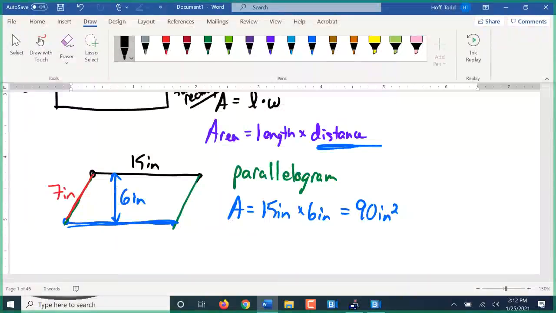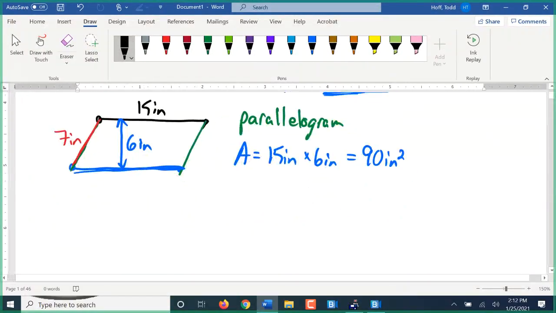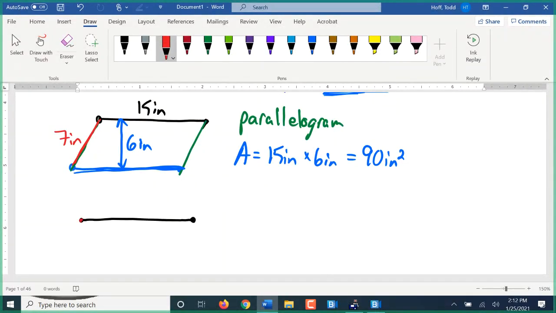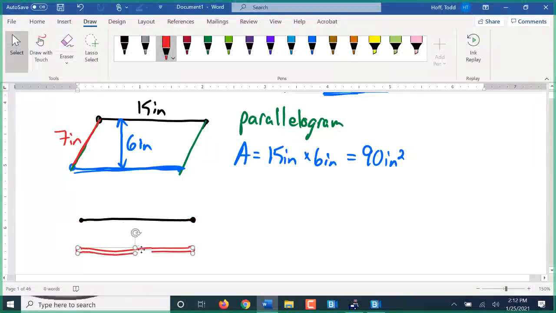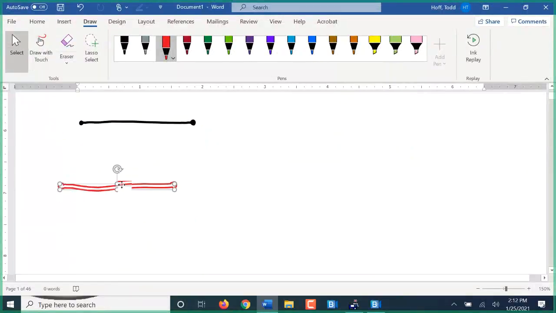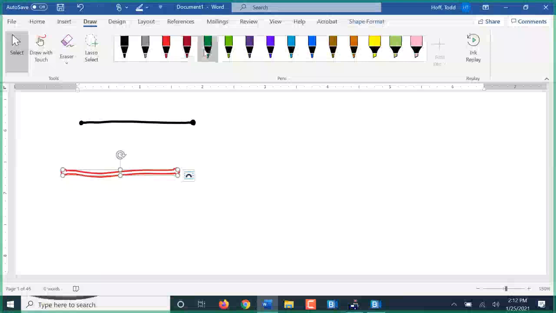In fact, the piece doesn't even have to move in a straight shot like that. Let's take that 15-inch piece, and we're going to, probably going to frustrate me again, but we'll give it a shot. And I'm going to take it, and I'm going to move it, and I'm going to wiggle like this.